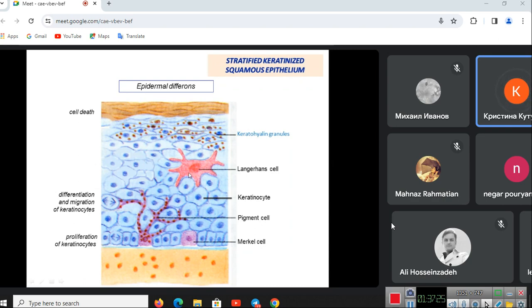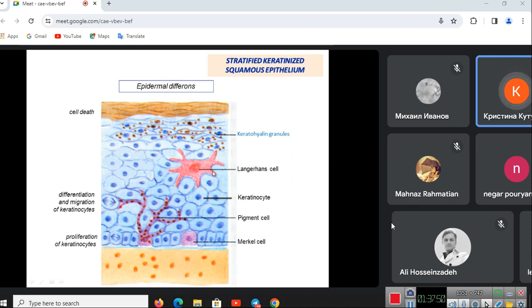Among these keratinocytes we can find also several other cell types, such as the Langerhans cell. This one is the macrophage which performs the function of protection against bacteria. Some bacteria can still enter through the stratum corneum, and if it happens, the Langerhans cell will catch them, eat them, and protect us from bacteria and anything bad which can go through this epithelium.